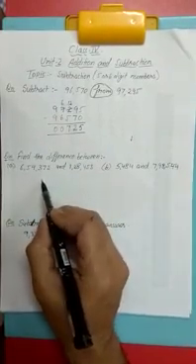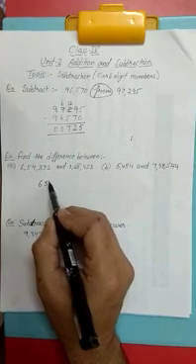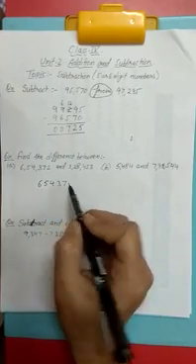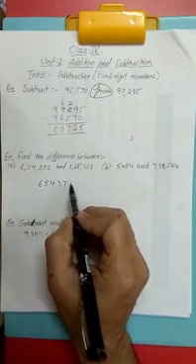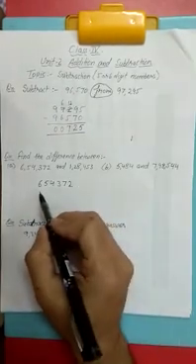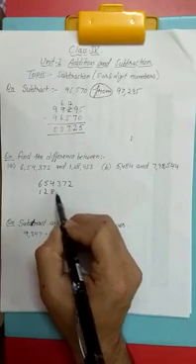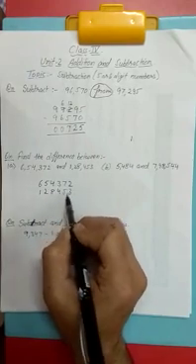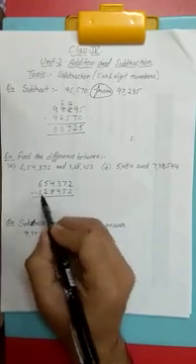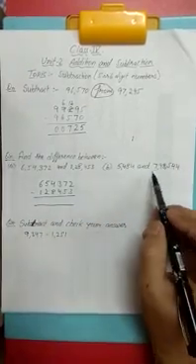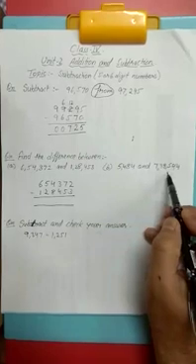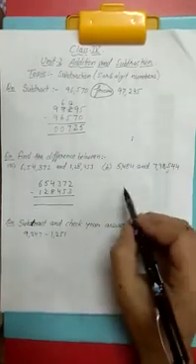We have to write this number on top. So we have to subtract it, and in this question this number is greater, so we have to write this number on top.